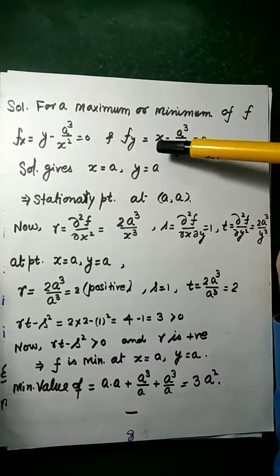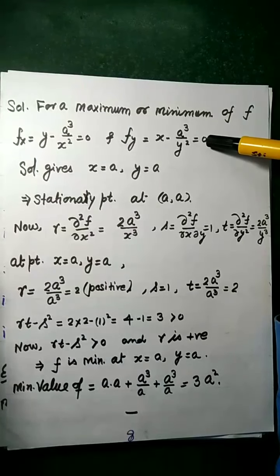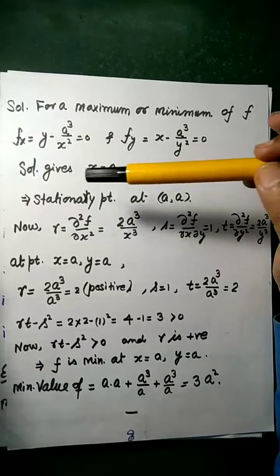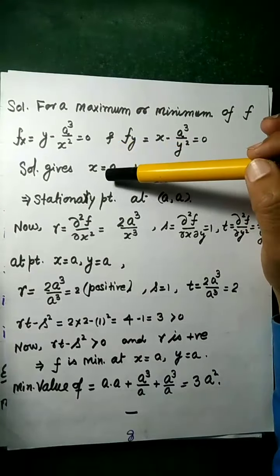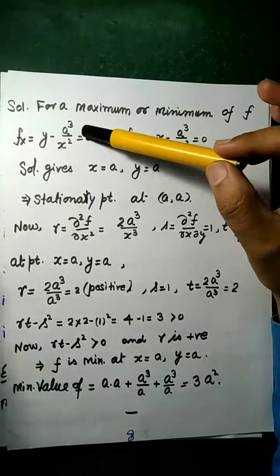Equating these two first partial derivatives to 0, we obtain x equals a, y equals a after simplification of these two equations.